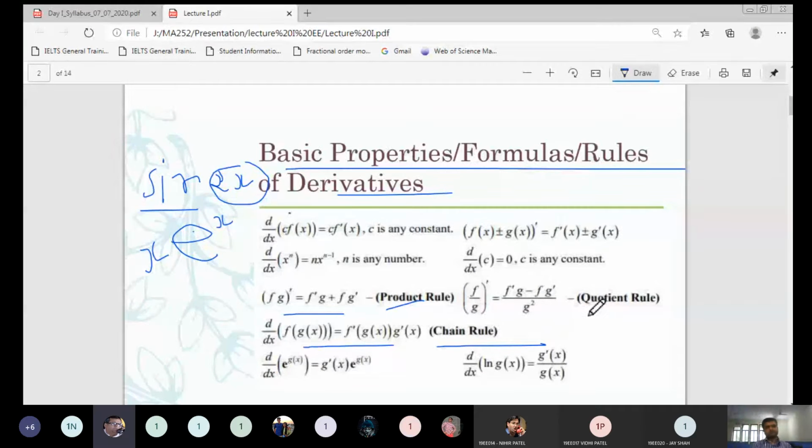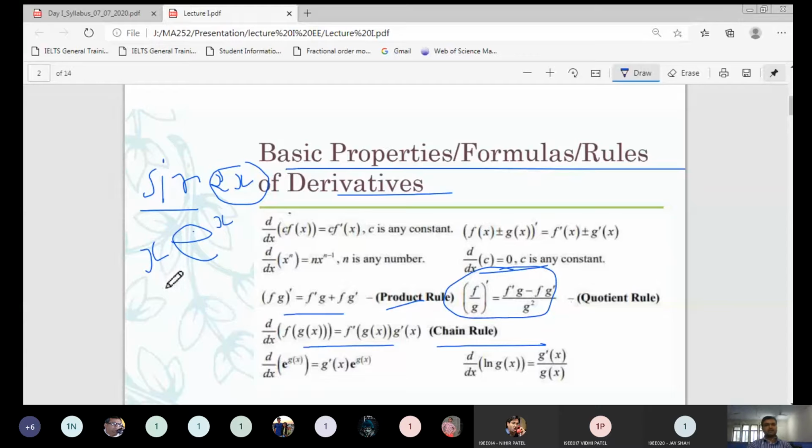Then the next basic property: the derivative of a constant is zero. It is very fundamental. Next, division rule. Yes, good. How is it represented?